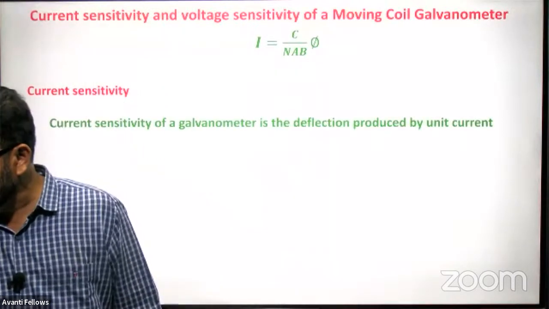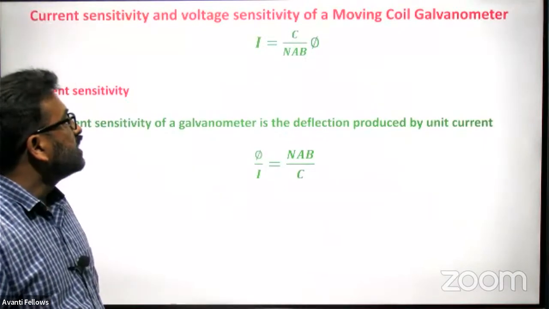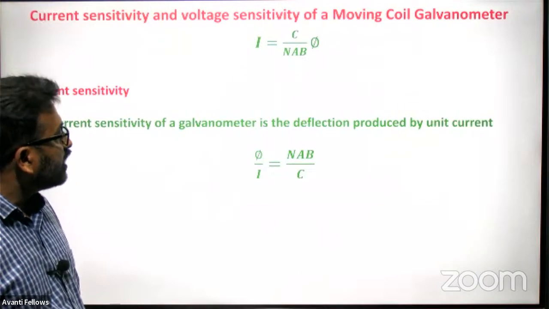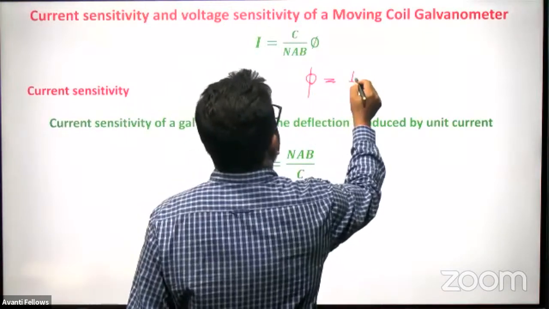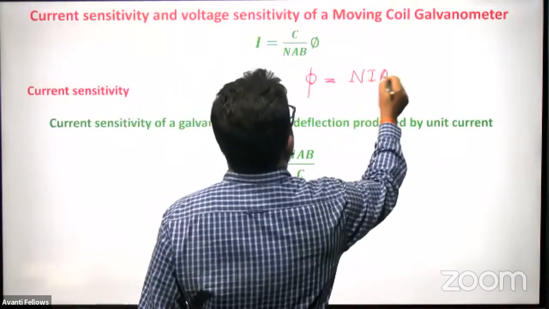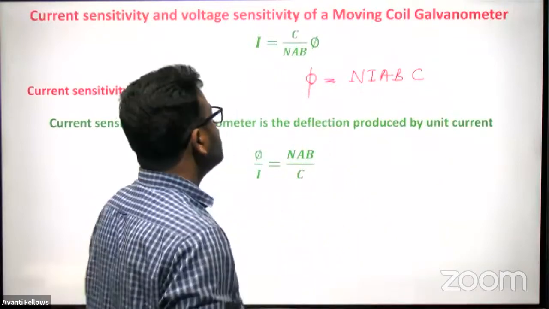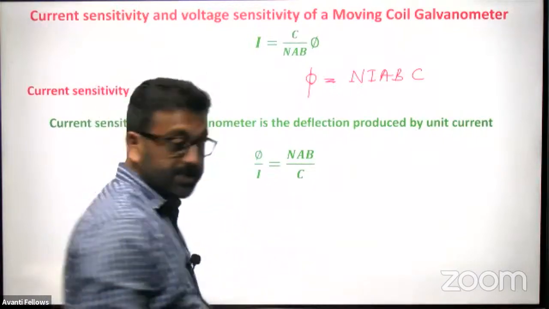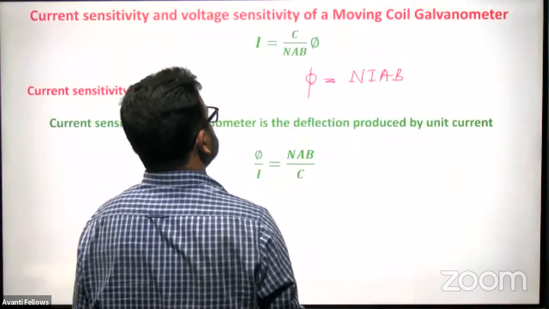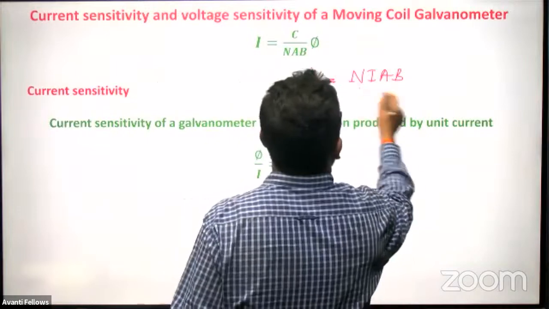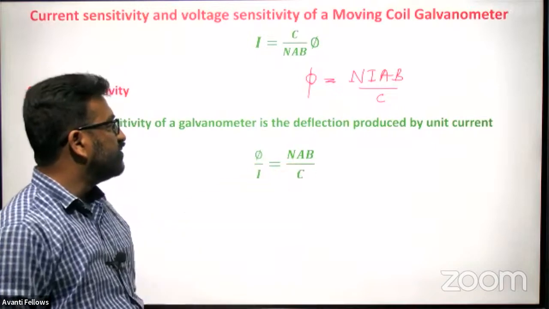Deflection per unit current, okay, phi divided by I. So phi equals NIAB divided by C, and phi by I equals NAB divided by C.